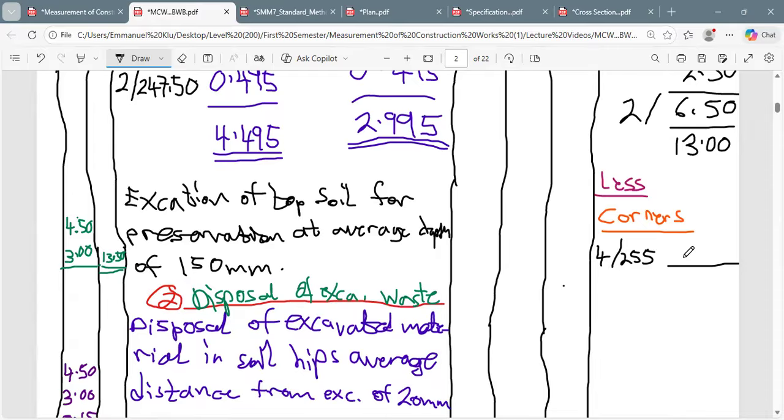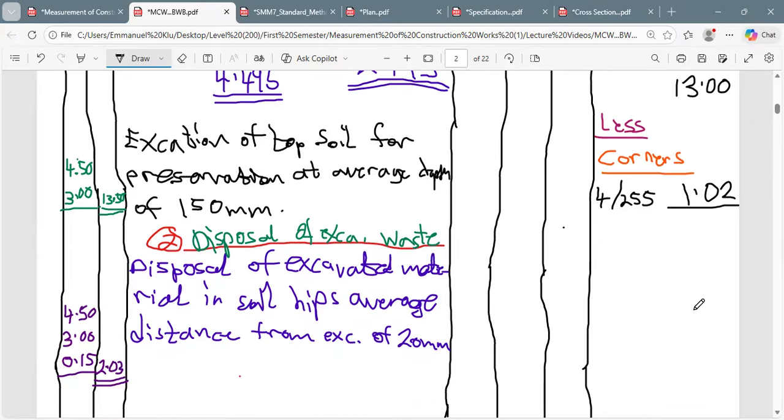But if you divide it by 1000, you are going to get 1.02.